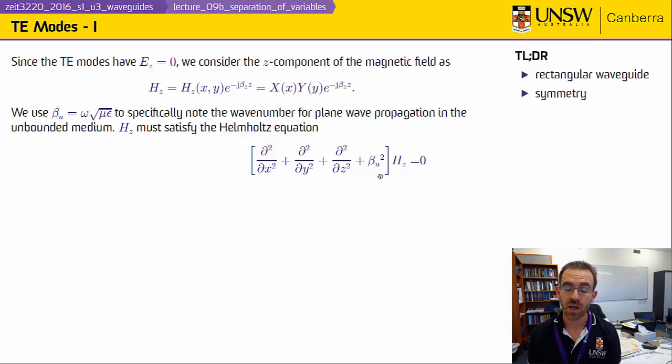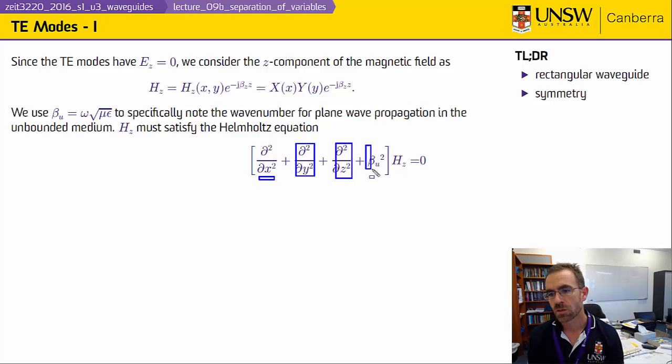Our vector Helmholtz equation has now become a scalar Helmholtz equation, where I take the second derivative with respect to x, the second derivative with respect to y, the second derivative with respect to z, plus beta u squared times h sub z equals 0. So that's the equation that we need to solve.